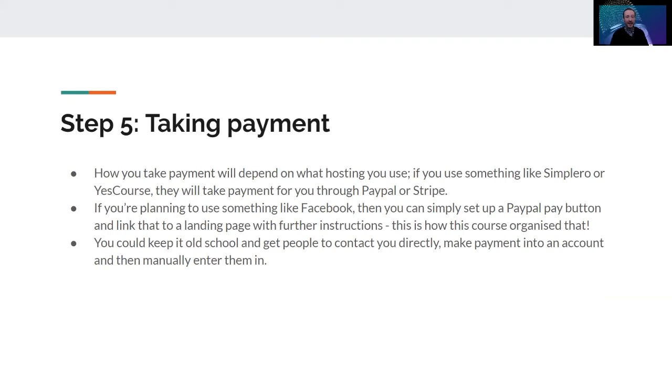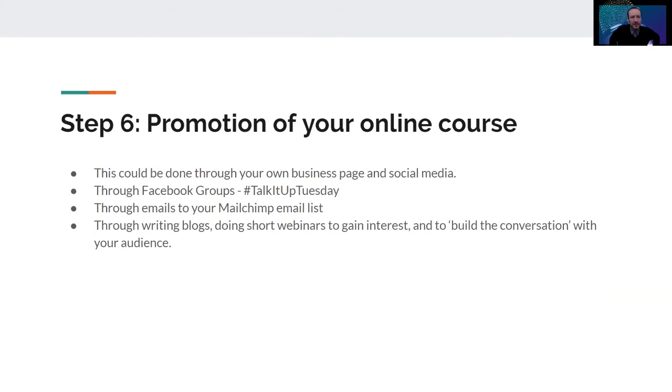So in my case, I think the next step is promoting your online course. What I did was I created a landing page in MailChimp, and within that, I had PayPal buttons. So when people clicked on that, it took payment.